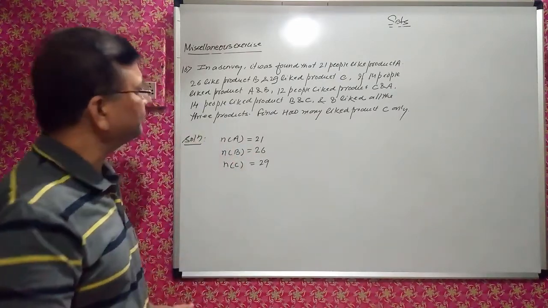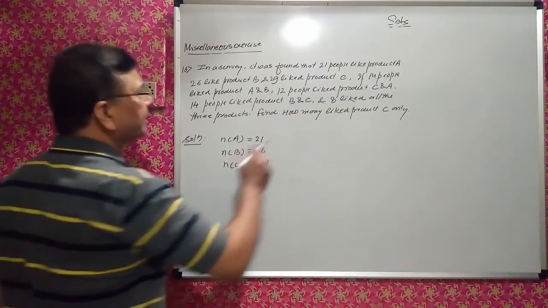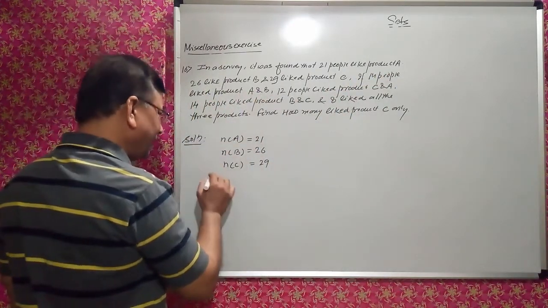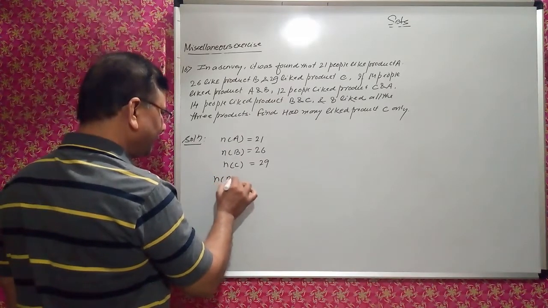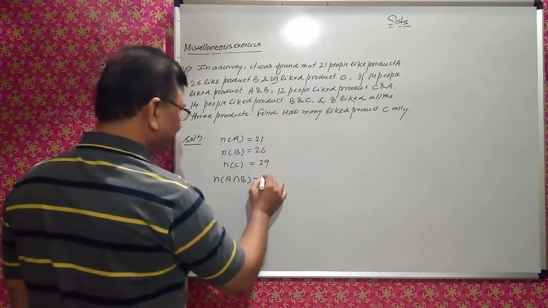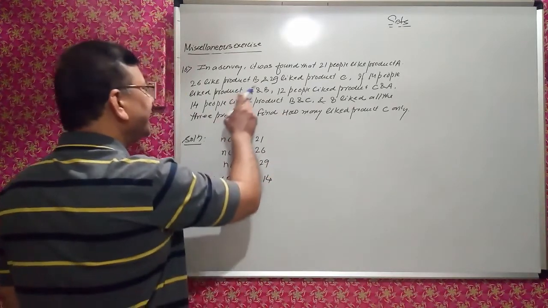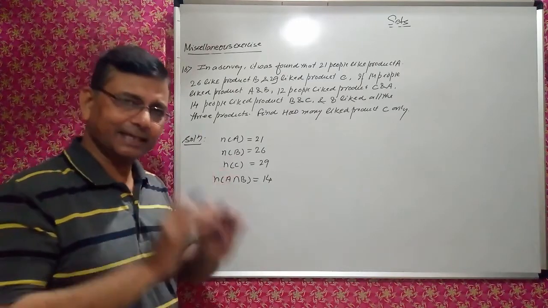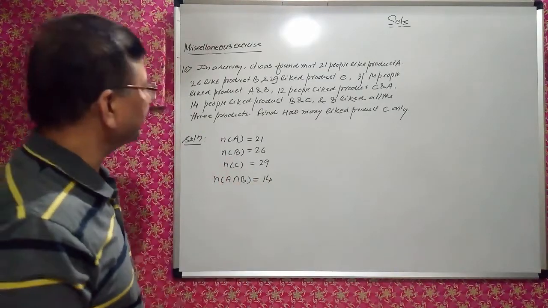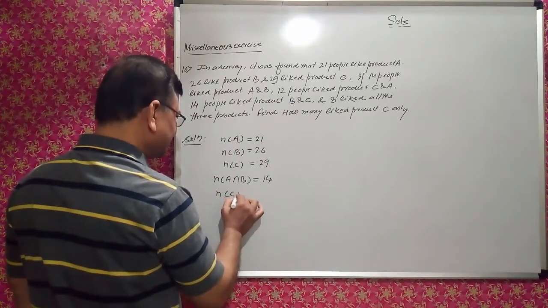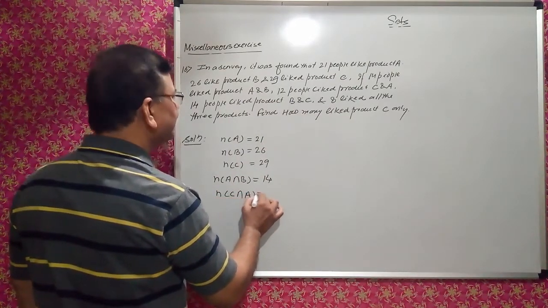Similarly for C. Now, if 14 people like product A and B, so I will write N(A and B). How many are there? 14, right? Those who like both A and B means intersection, so that is 14. C and A, so N(C and A), how many are there?